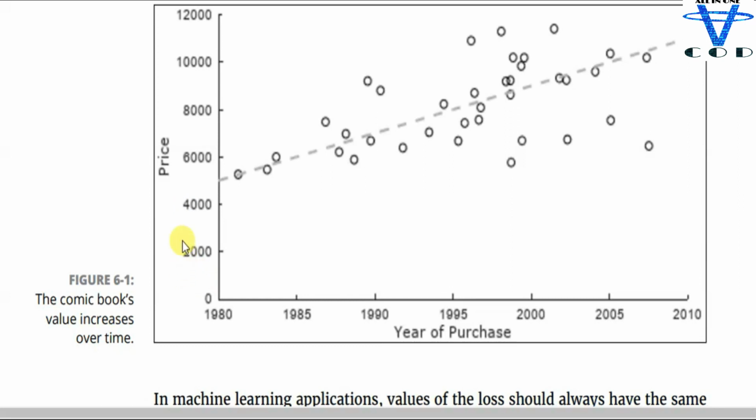And here you can see 1980, 1995, 2000, 2005 and 2010. By year and by price, you can see this data. When the year is 1985, the price is 6,000. When the year is 1919, the price is like 4,800 something.